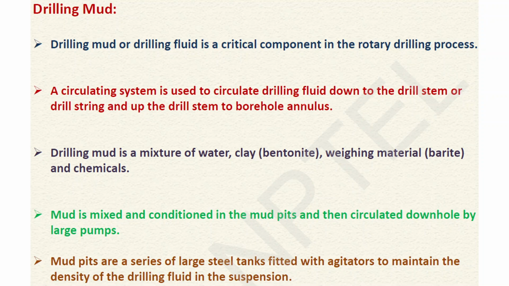So there is this borehole, and in it the drill stem is there. Suppose, let me show, this is the casing we have used, this is our drill stem, and on the tip we have our drill bit. The drilling mud is poured in this annular area.